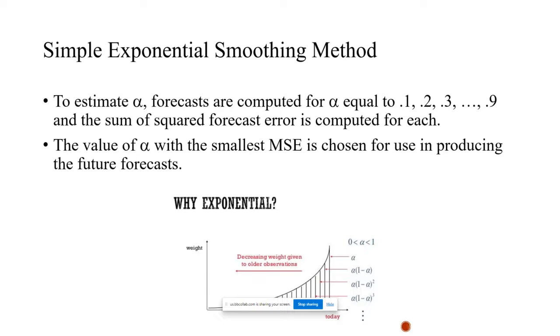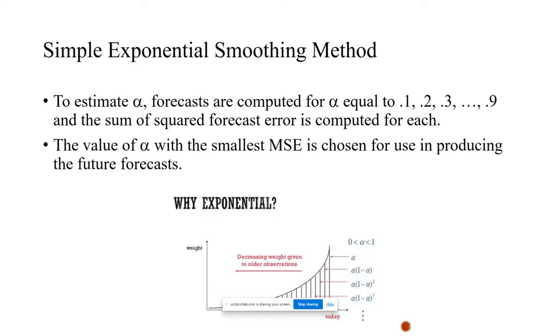So again, we want to compare the actual to the forecast, which alpha gave us the smallest prediction error. That's the alpha that's most appropriate for you to use in your exponential smoothing. And again, that bottom graph is very descriptive.